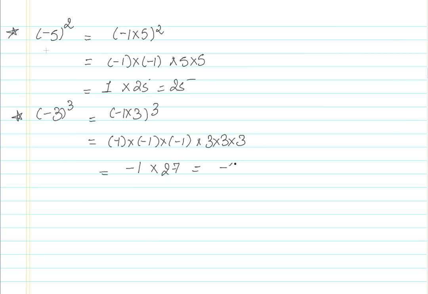So my answer is minus 27. That means if I have any negative number raised to an even power, it gives me a positive answer, and if I have any negative number raised to an odd power, it gives me a negative answer.